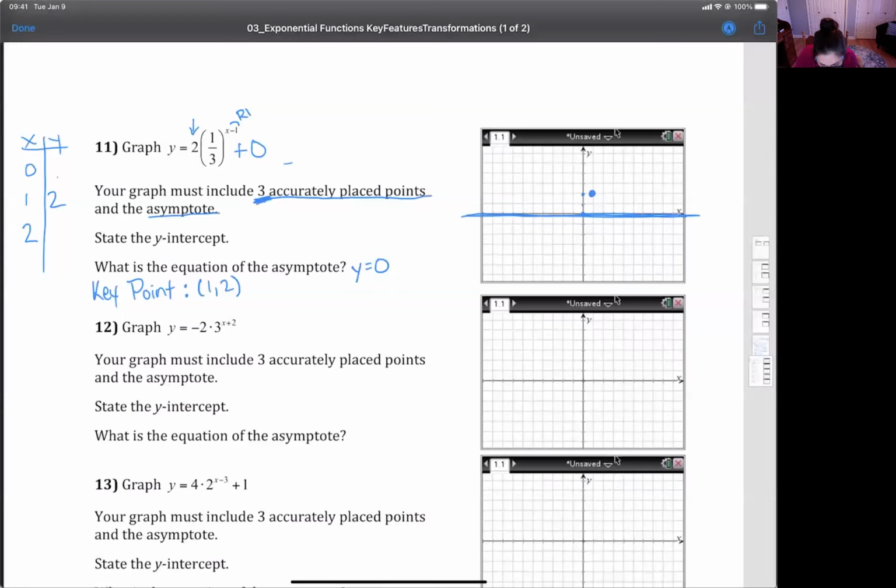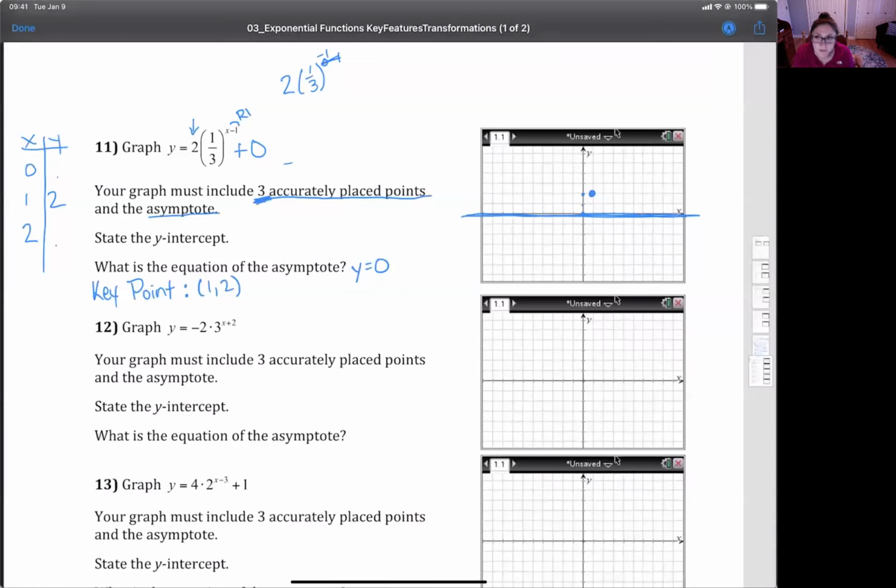To figure out the y values for these other points, I'm just going to plug the x value that I've selected into my function. So when I plug in x is 0, that would be 2 times 1/3 to the 0 minus 1 power. 0 minus 1 is -1. So I've got 1/3 to the negative first power.